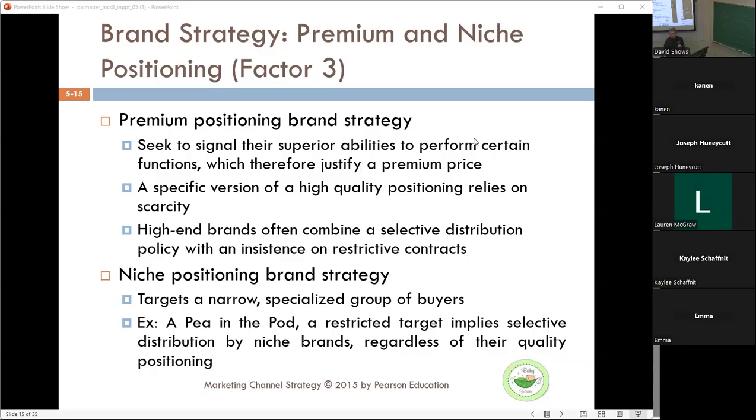Now, you might combine selective distribution with restrictions, which is pretty much what Steel Tools does. They have a selective distribution policy, but very restrictive contracts because for them, service and support and conduct in the use of Steel Tools values it as a premium brand.